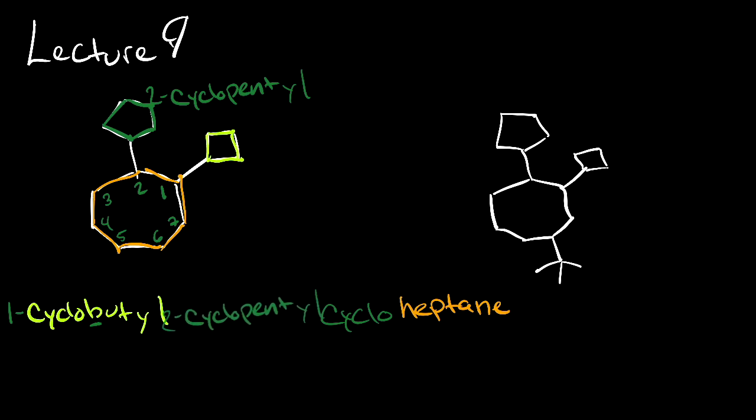All right, and then that's how we build a molecule name. 1 cyclobutyl, and then we have to add a dash. 2 cyclopentyl, cycloheptane.